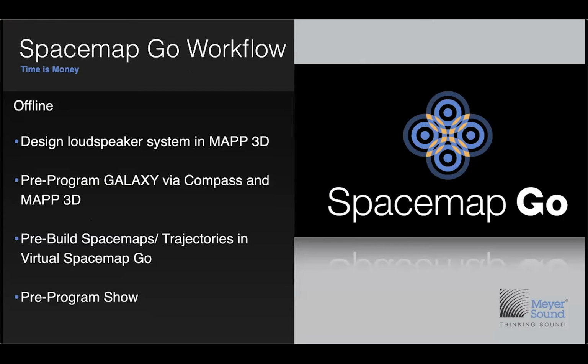Then you can also use the app and pre-build your space maps and your movements if you wanted to. And then you could even pre-program shows. We talked last week about mainly from when you get into the venue. We talked about saving your work, building a mix, and saving snapshots. But this week, most of this stuff can be pre-planned, and you can run it all offline and do all this work before you even step in the venue.